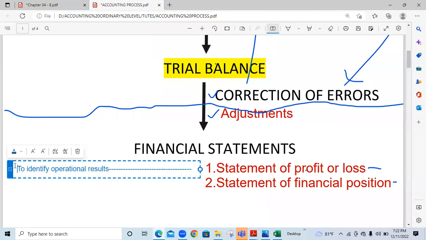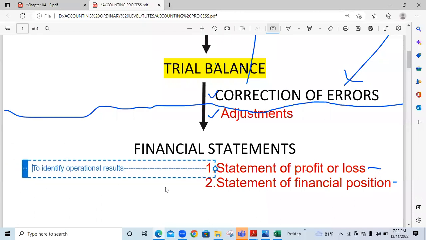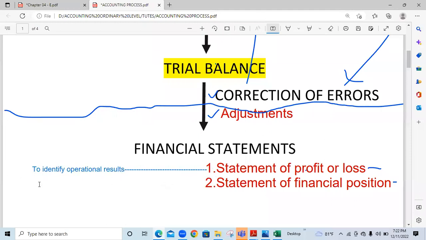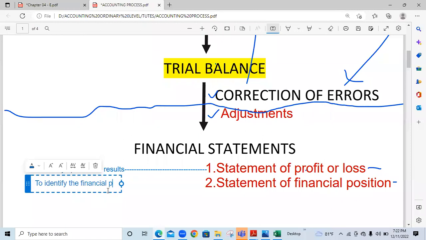Operational results means whether the business has earned a profit or incurred a loss. And then, guys, the statement of financial position is to identify the financial position of the business. That's very easy to remember, because the word is there in the question. Write this down.